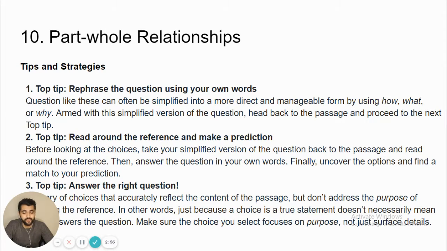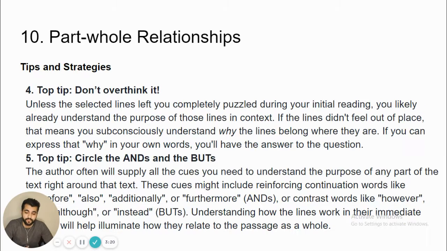Number three, answer the right question. Be wary of the choices that accurately reflect the content of the passage but don't address the purpose of the lines that you've been told to check. In other words, just because a choice is a true statement does not necessarily mean it answers the question. Make sure the choice you select focuses on purpose and not surface details.